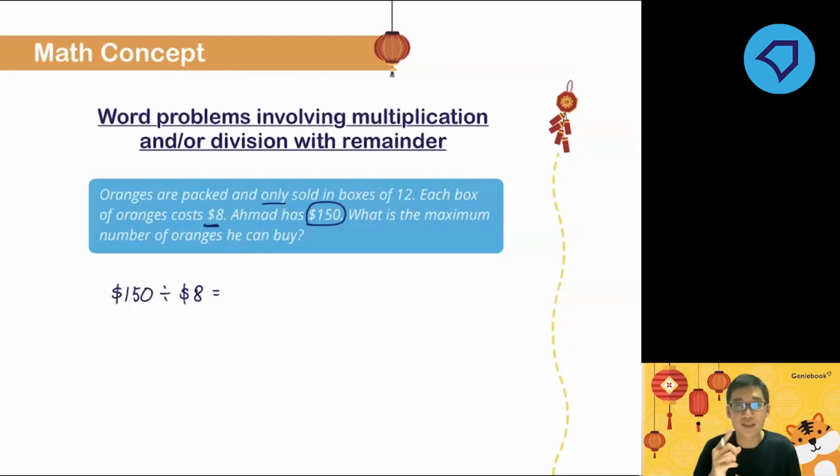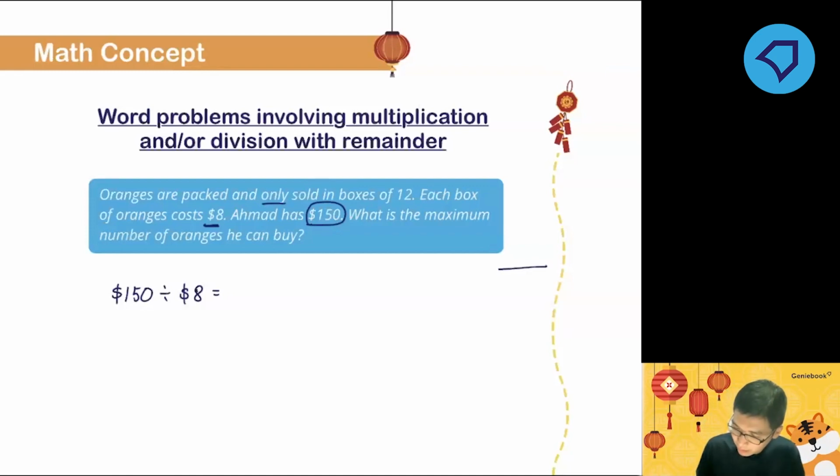Now let me repeat again, right? I will take the total amount of money that Ahmad has and divide by the cost of each box, which is $8. So this will allow me to find out the number of boxes of oranges that Ahmad can buy.